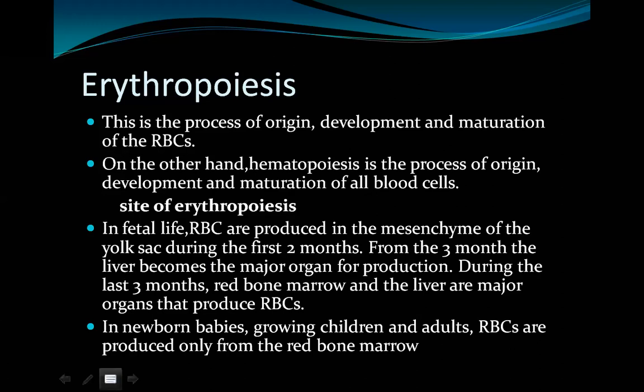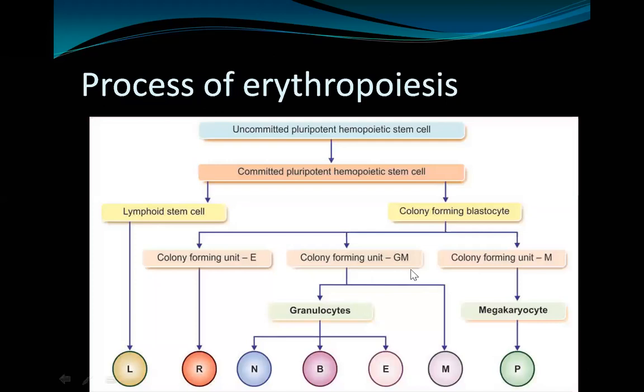During the last 3 months, from the 6th month to the 9th month or delivery, the red bone marrow and the liver are the major organs producing the red blood cells. Then in newborn babies, growing children, and adults, the red blood cells are produced only from the red bone marrow. I hope you understand that. So this is the process of erythropoiesis.